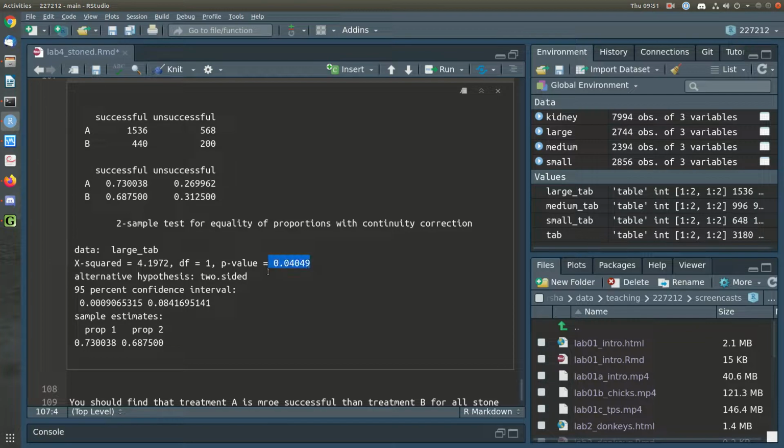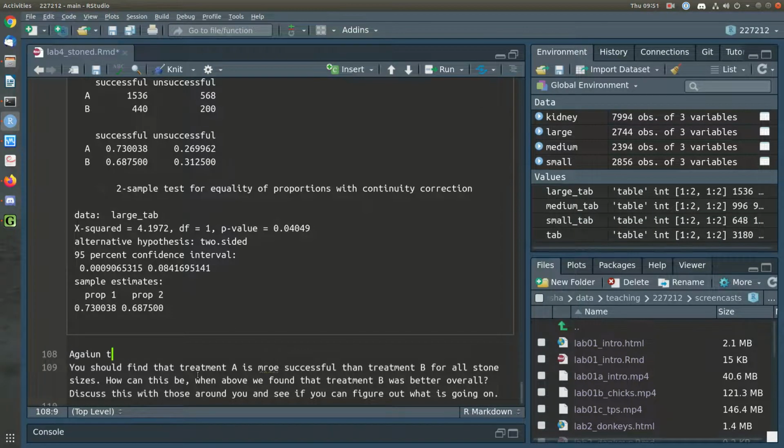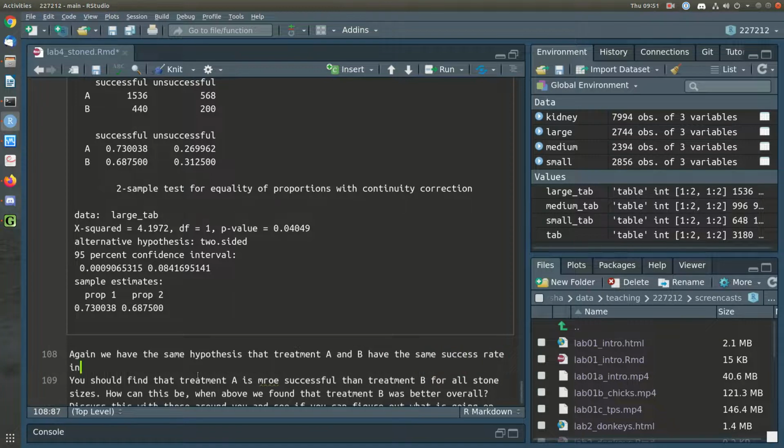Again, our p-value is not super small, 0.04. And there's our estimates there, and there's our confidence interval, right? So again, we have the same hypothesis that there is the same success rate in the population for large kidney stones.